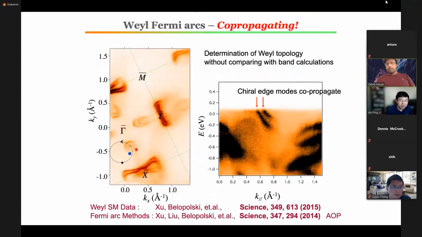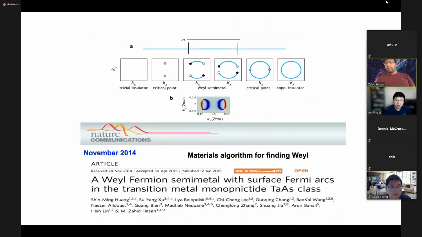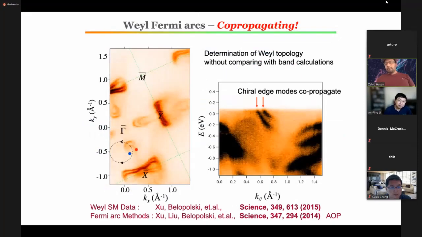Yeah, I'm almost done. In the experiment, we did not actually compare with our theory either. We invented an experimental methodology in ARPES: if you do a loop cut, instead of comparing with somebody's calculation or our calculation, you look for chiral edge modes, as I was discussing in the context of the Chern insulator.